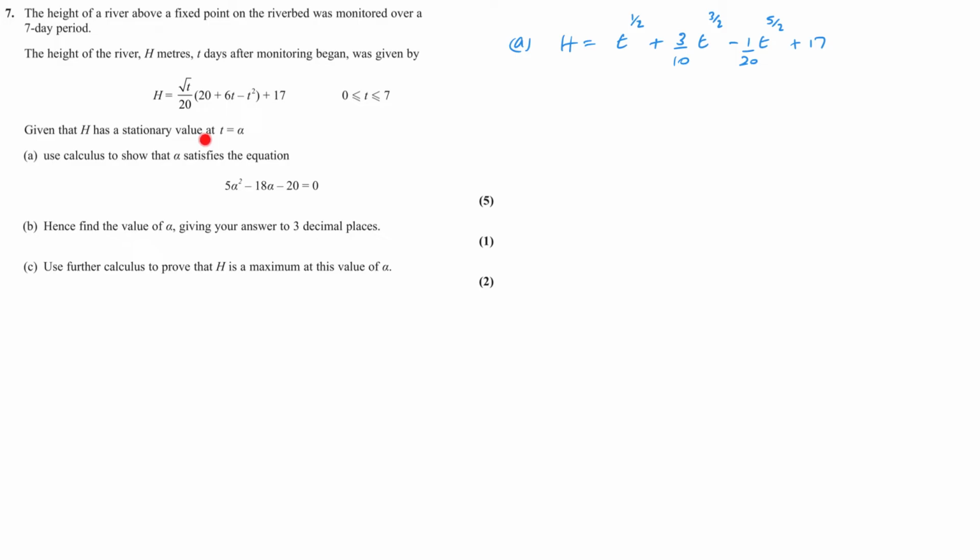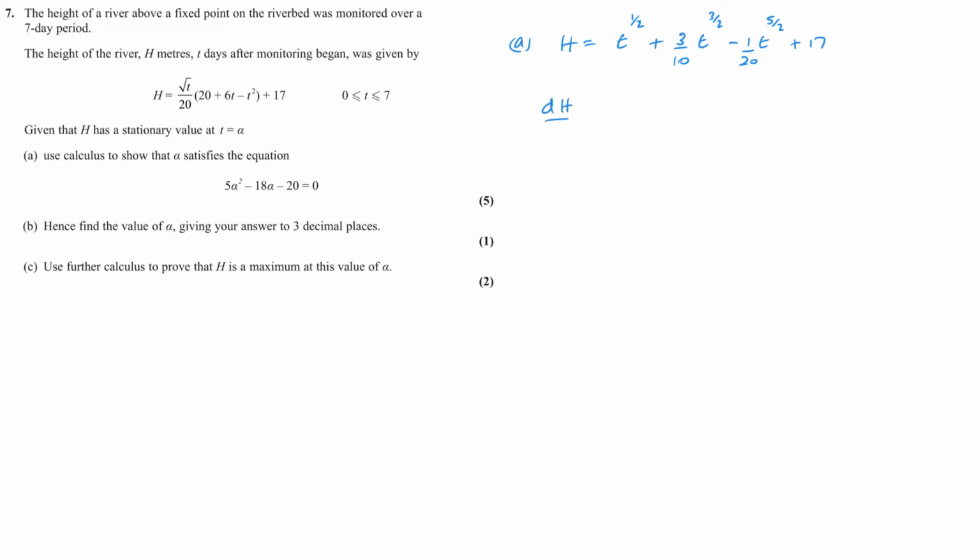Now, t equals alpha is a stationary value. So if I want to substitute alpha into here, I need to find it at the stationary point. So that's going to be differentiating.